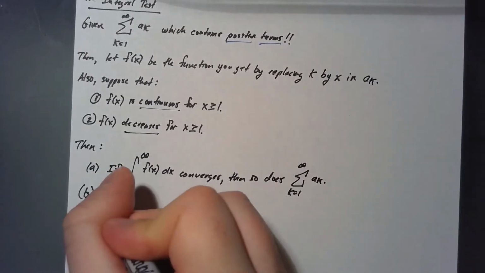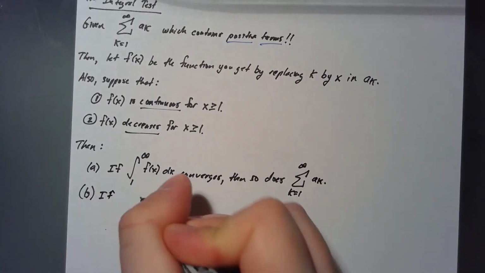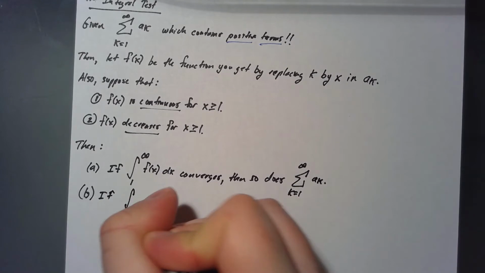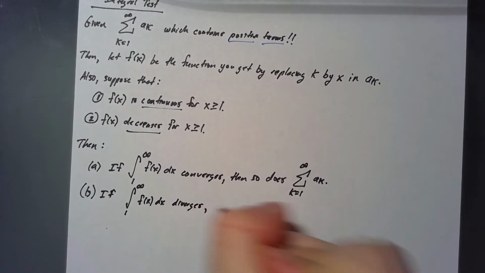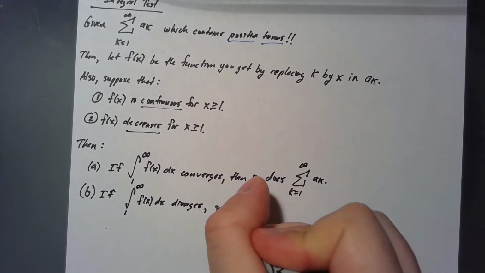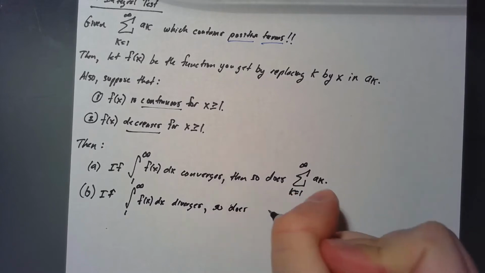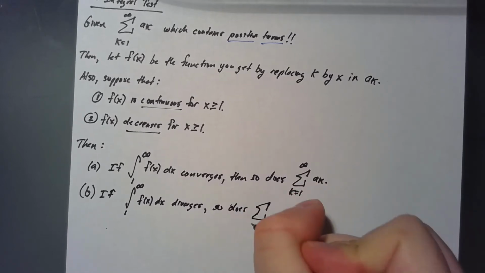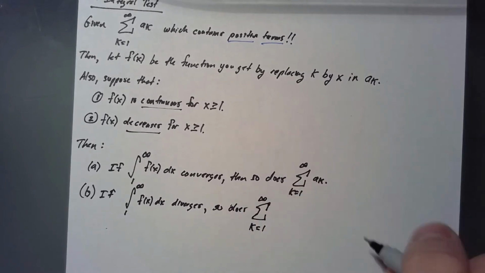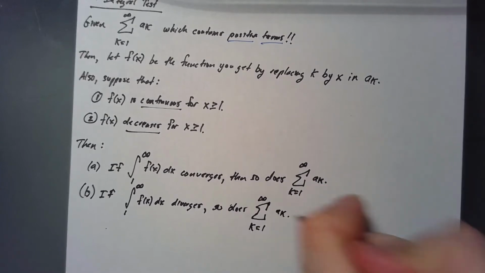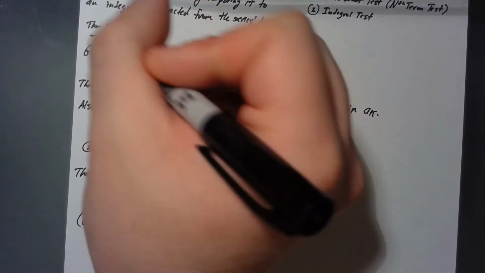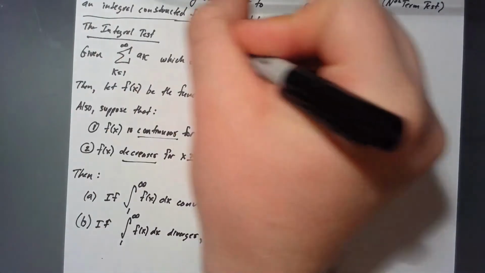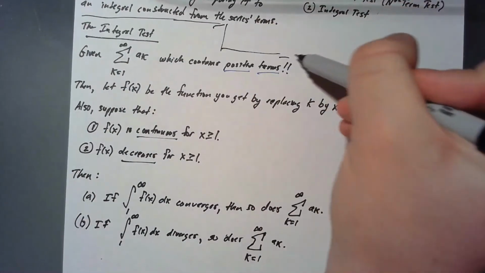Or I could say, if the integral from 1 to infinity of f of x dx diverges, so does the original series. That's the integral test. This right here is the integral test.